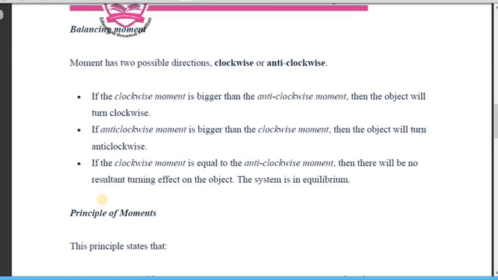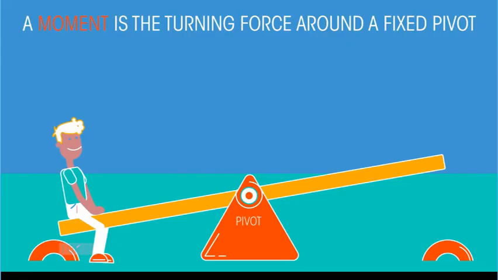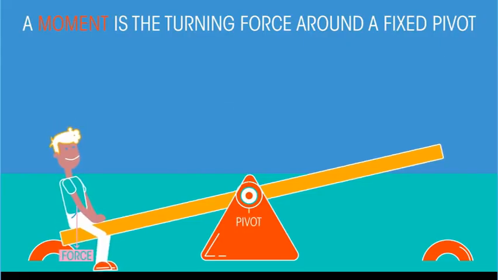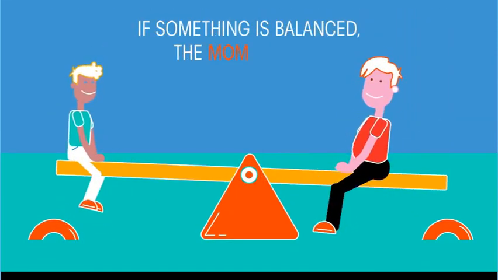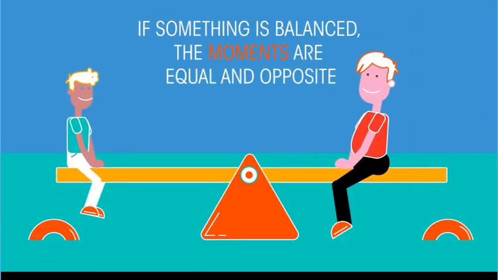To avoid confusion, I think there's a video here as well, just a simple illustration. Let me just play that. Moments act, which results in a turning force. Or if something is balanced or in equilibrium, the moments are equal and opposite. Okay, so if something is balanced, the moments are equal and opposite.